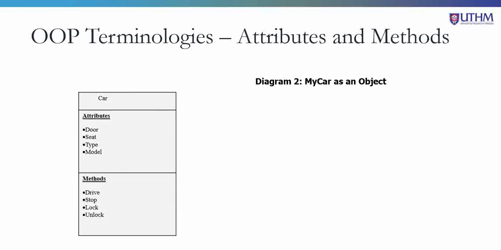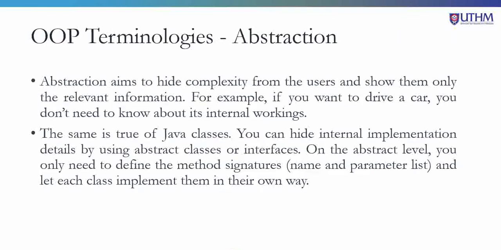Okay, for this one, then abstraction. Okay, so abstraction aims to hide complexity from the users. So in OOP, what you need to focus on is that you just need to use the code. You don't need to know how it works.